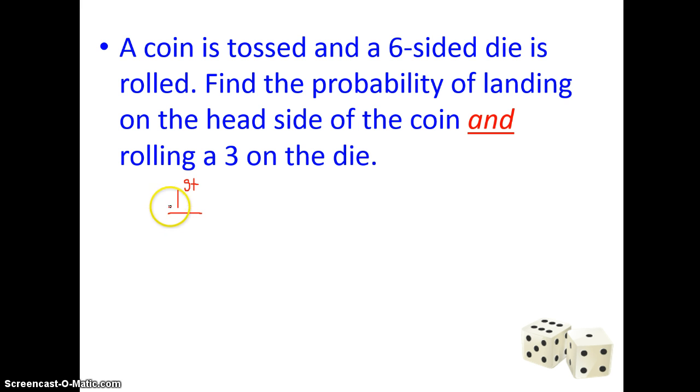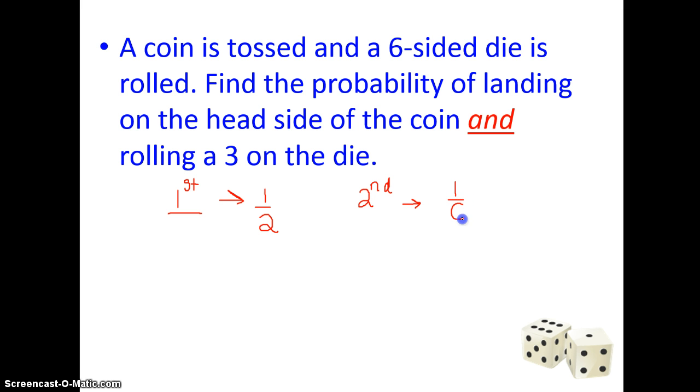So the probability of our first event is 1/2. Probability of our second event, in this case landing on a 3, is what? How many of those 6 sides is a 3? 1. So 1 out of 6.